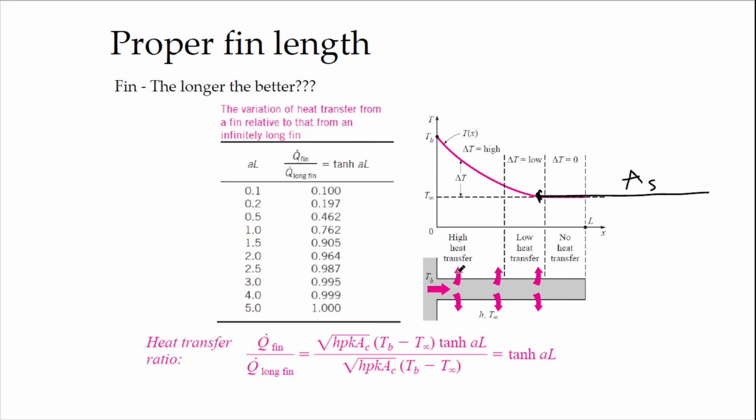Q is generally higher in this region because delta T is higher, and then Q slightly drops moving to the right because delta T is getting smaller. At this point there is no Q, because the ambient temperature is similar to the fin temperature. So AL is the parameter of the fin, and they look at the effectiveness by using this equation.